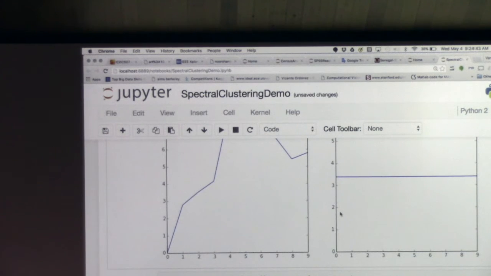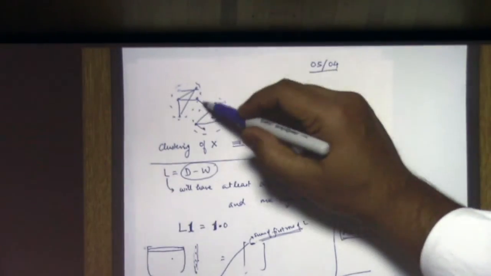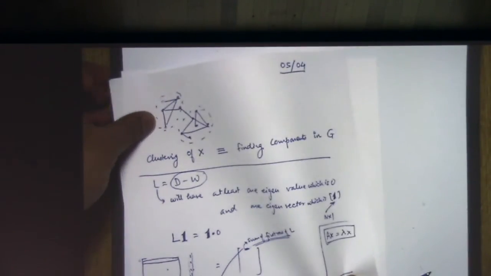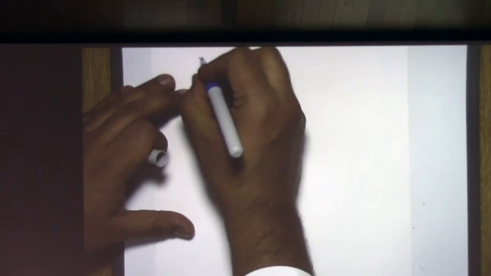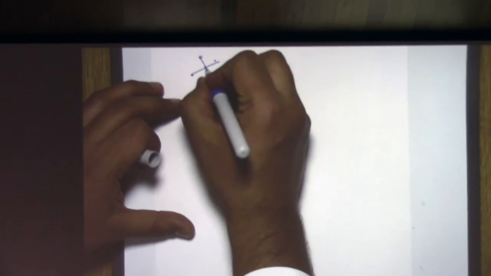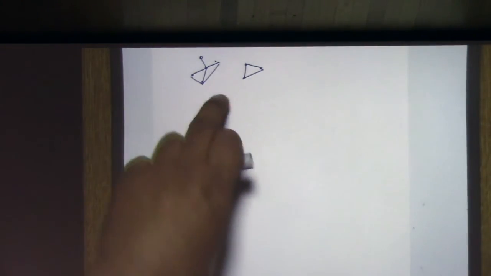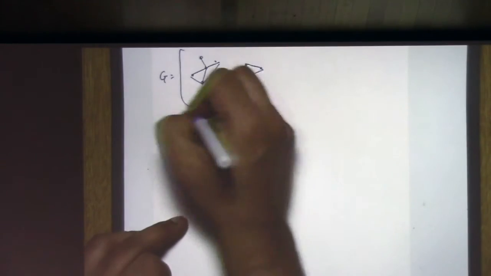The next interesting property of a Laplacian is that if your graph has disconnected components, let's say two, with no edge between them, for example 4 or 5 nodes here and another component there, and this is my graph G, then if you compute the Laplacian and do the eigenvector analysis, it will have 2 eigenvalues which are 0.